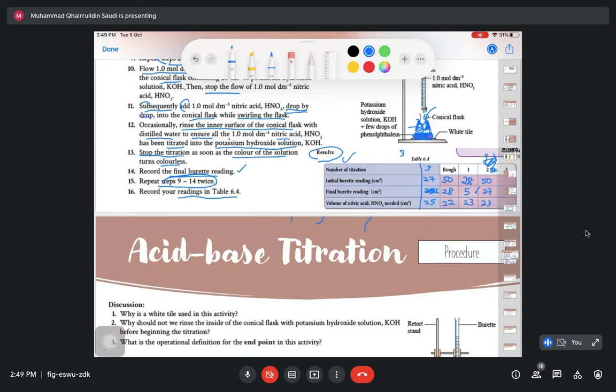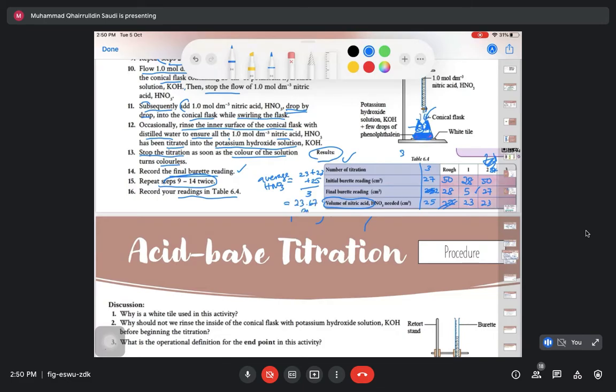So apa yang kita dapat daripada result is the volume of nitric acid. So when you have 3 readings, what should you do? You should find the average. So average nitric acid used is 23 plus 23 plus 25 divided by 3. 3 readings kan? So dapat berapa? 23.67 centimeter cube.